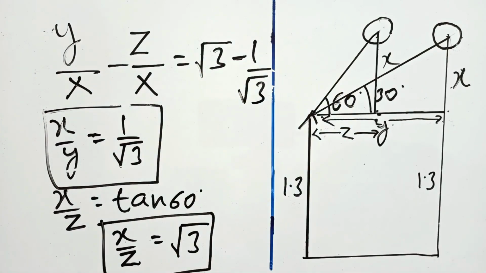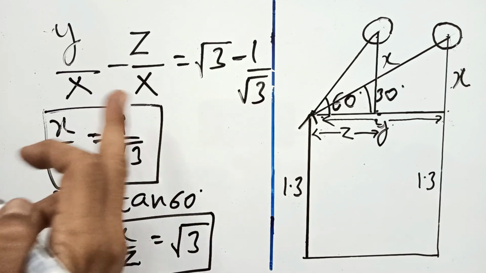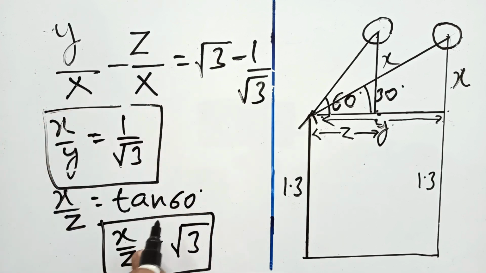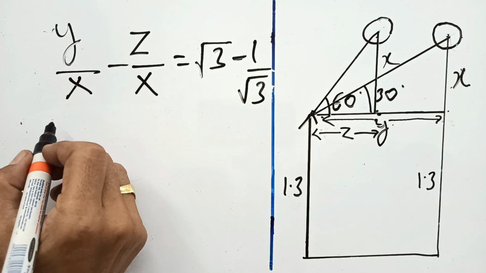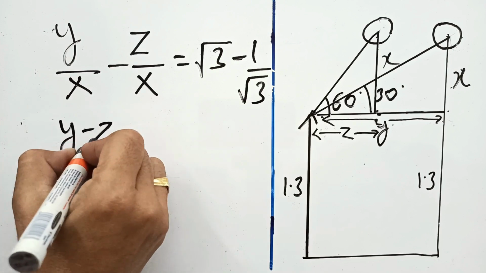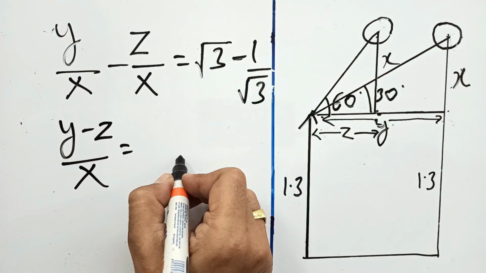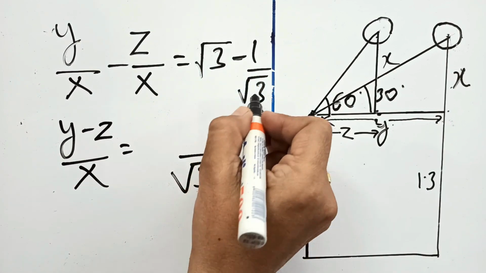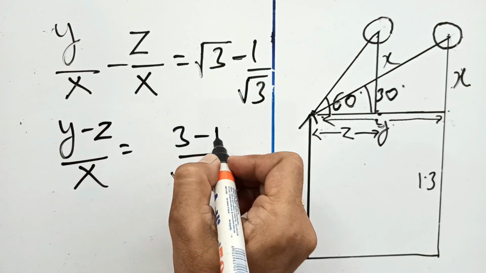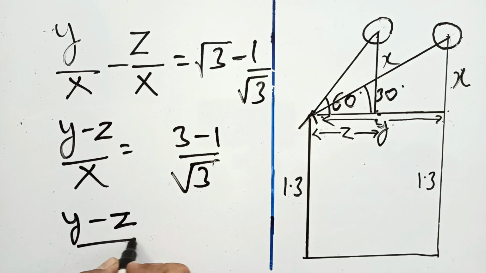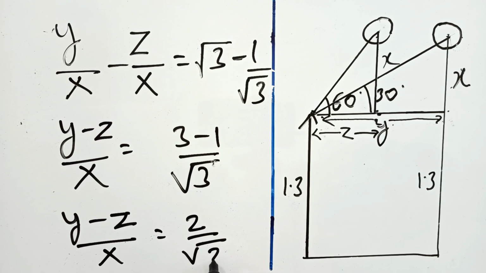We have to solve these two equations, so we subtract, y upon x minus z upon x. Now y minus z upon x is equal to 3 minus 1 upon root 3, so y minus z upon x is equal to 2 upon root 3.